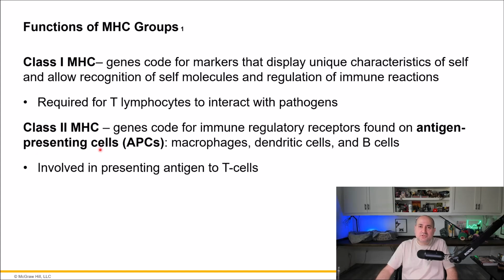So if you ever hear this term, professional antigen presenting cells, you should think of the macrophages, dendritic cells, and B cells, or APCs for short. In fact, let's go over to the board where younger Dr. D will explain this in more detail.